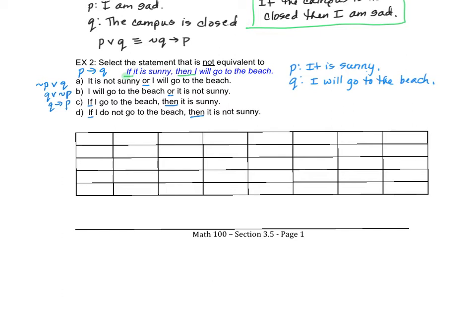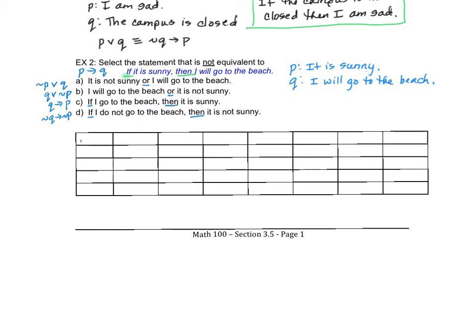So I do not go to the beach is not Q. So that's if not Q, then it is not sunny would be not P. I can see that they're all made up of the simple statements P and Q.